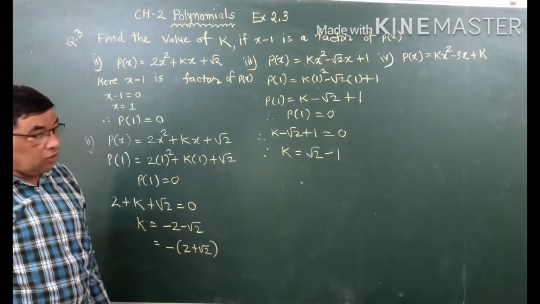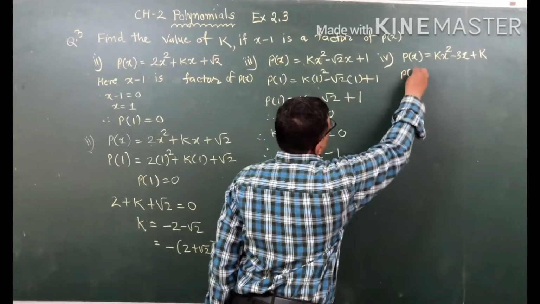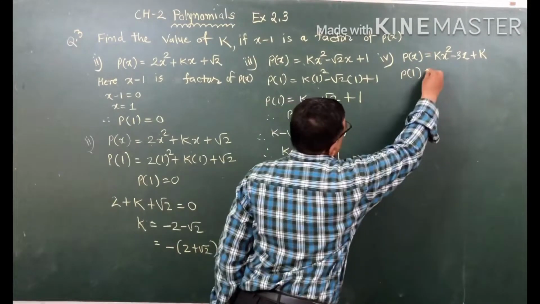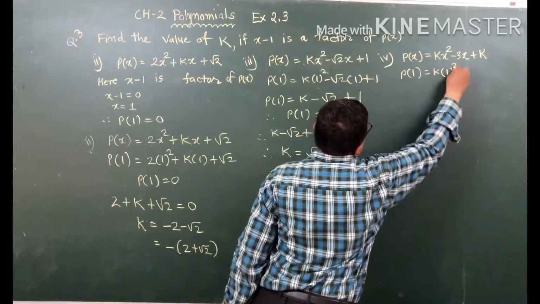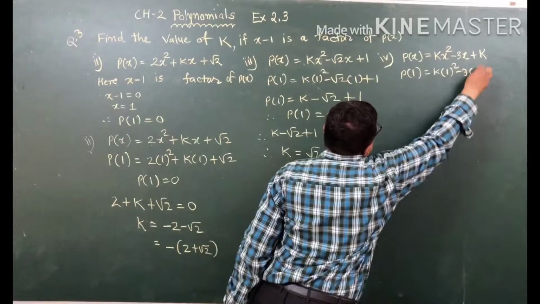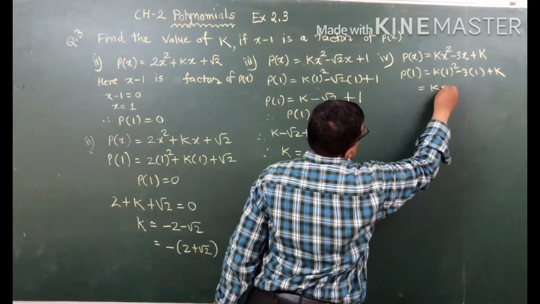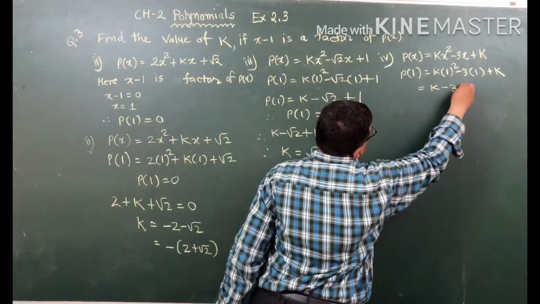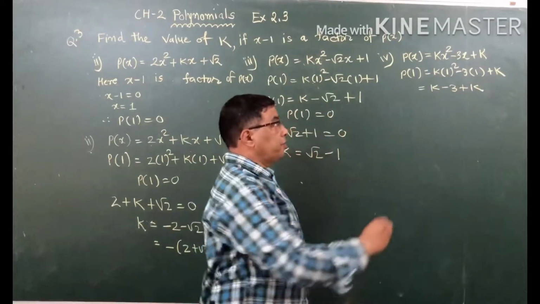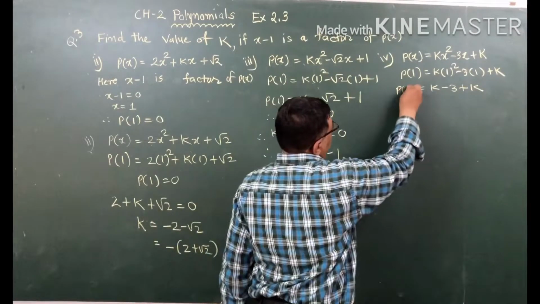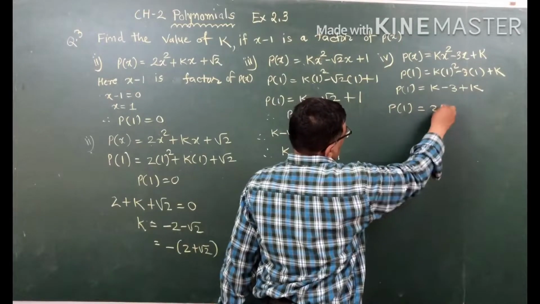Similarly, the next one is already there. In this one also we first find p of 1, which is k into 1 square minus 3 into 1 plus k. So k minus 3 plus k. So p of 1 we get is 2k minus 3.